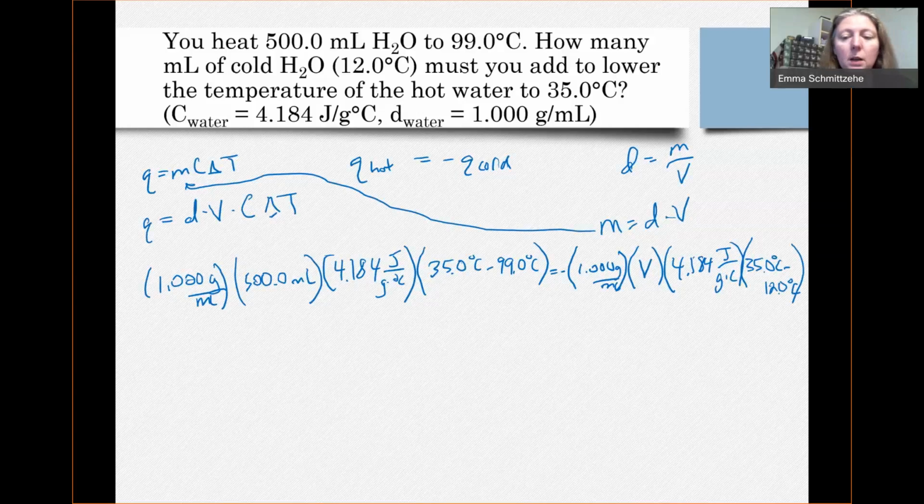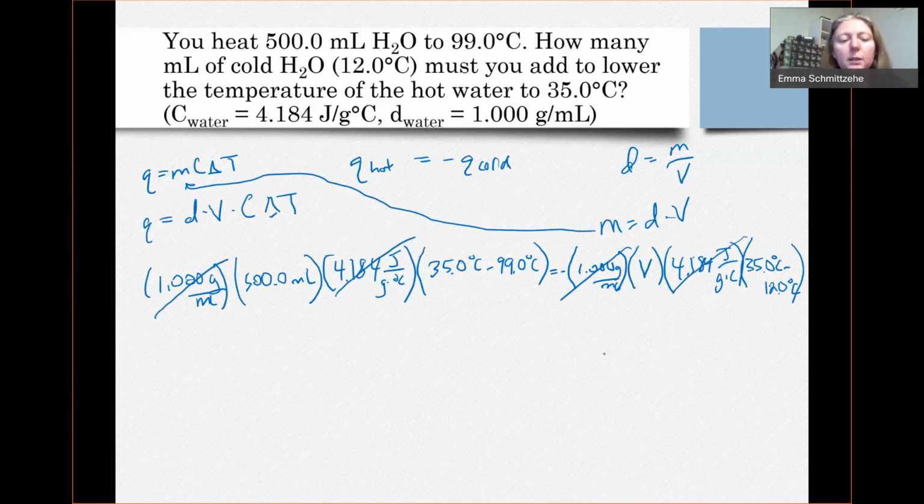That's okay. Now with this, you can plug in all those numbers and rearrange and solve for volume, but you can kind of simplify this. The density is going to cancel out, because if you divided it over, it cancels. Same with the heat capacity because it's the same on both sides.